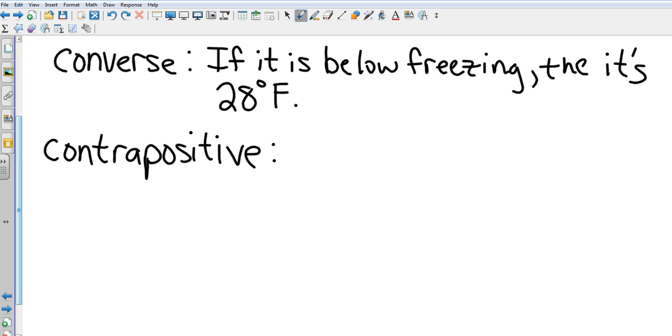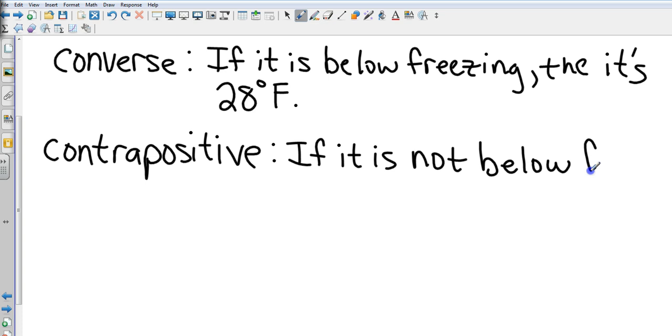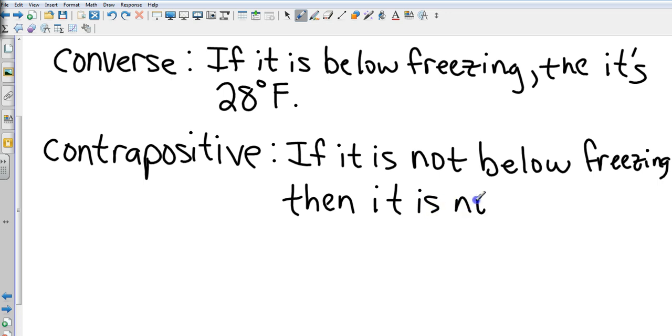So if it is not below freezing, then it is not 28 degrees Fahrenheit. Tomorrow on the test, you do need to write everything out.